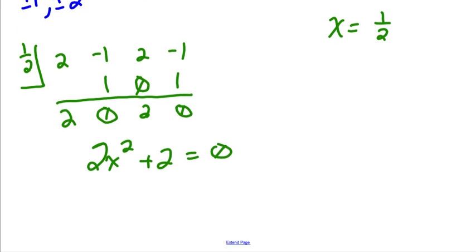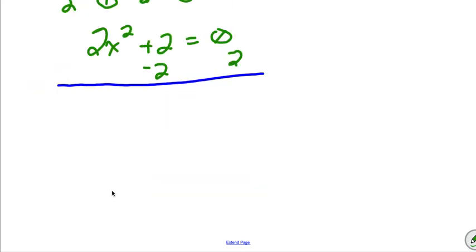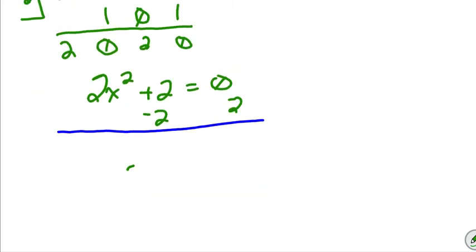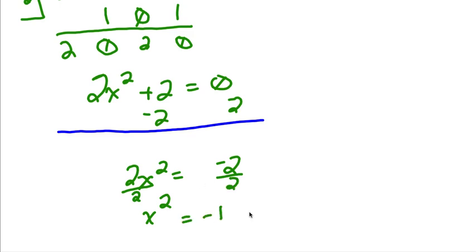So what do we get when we try this out? Well, let's start moving some stuff around here. So -2, -2. There, it changed to blue again for whatever reason. So 2x squared equals -2. And you can see here, x squared, we divide by 2. Sorry, I didn't write that step. Divide by 2. X squared is equal to -1.